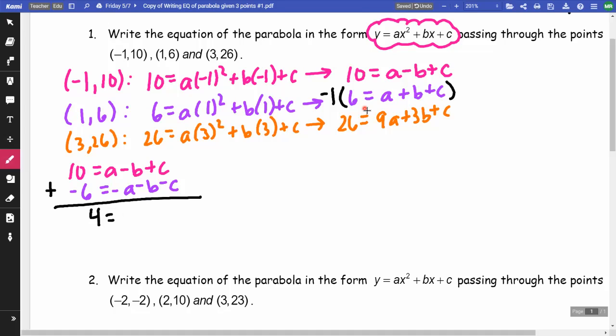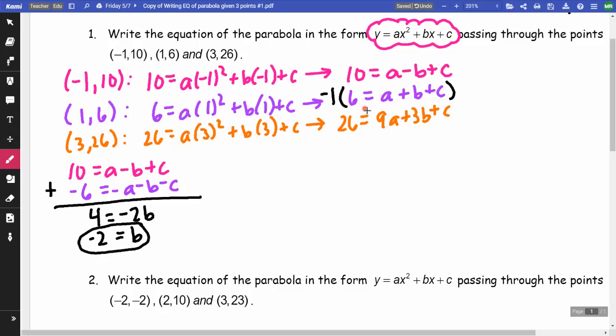So this is going to be 4 equals, my a's are going to cancel out. That doesn't always happen, but it does in this case. It will when you have your x as a positive and negative that are the same value. But it doesn't always. So on this one, I get -b. My c's cancel out. And so I get b is equal to -2. So I get -2 as my b.